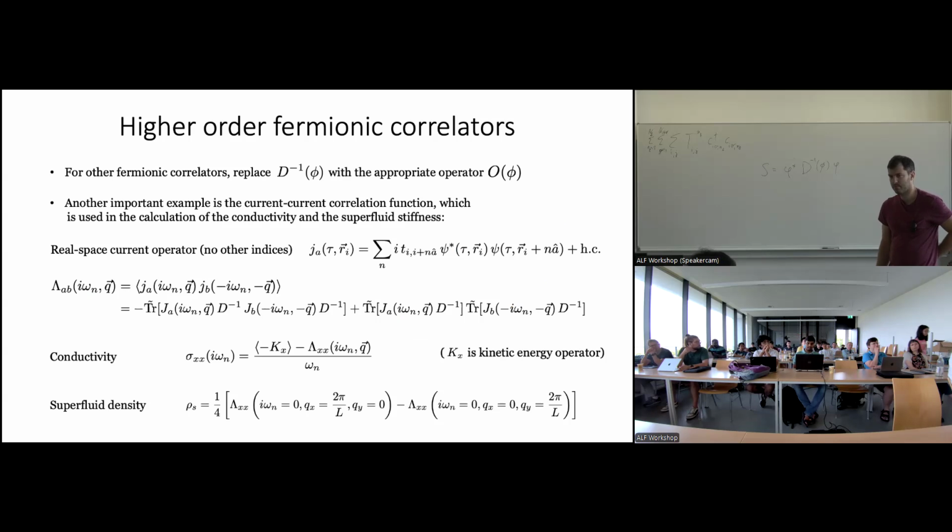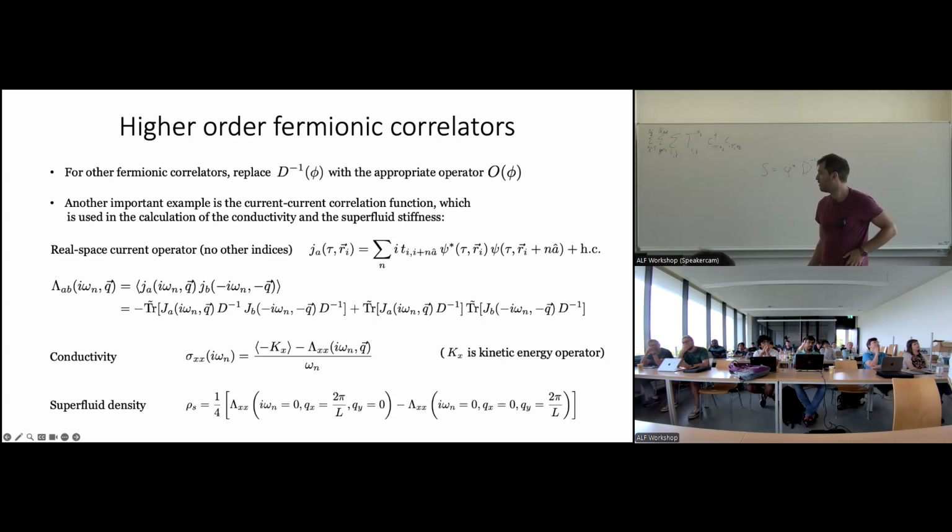Sorry, could you explain more about this current correlation function formula? What is the J A I omega Q? Is it only a coefficient or is it a correlation function? This big J? Yes, the big J is a matrix.